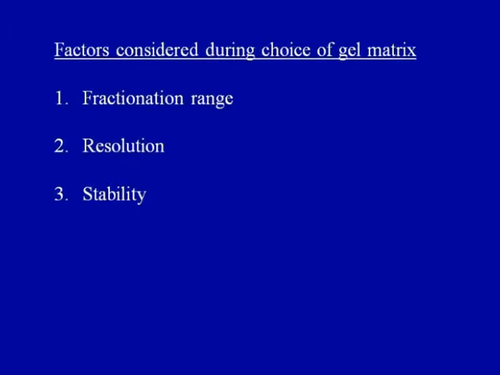So, when you are considering a gel matrix, among the different materials we have discussed, there are certain factors which need to be considered while choosing one. One is fractionation range. If all proteins in a mixture are to be separated from relatively low molecular weight solutes, say your proteins are large molecules and you have to separate them from smaller molecules, then you can use small packings with small pores.